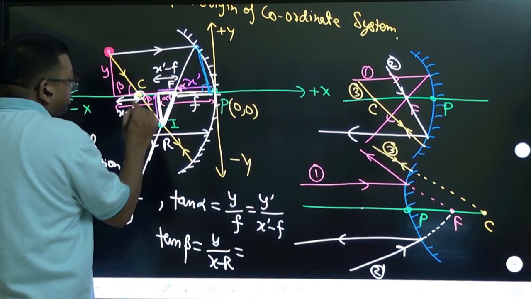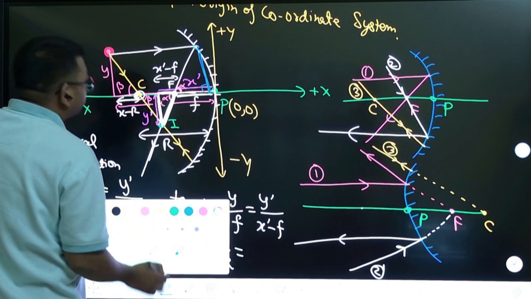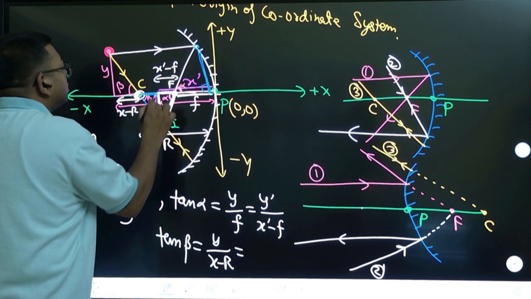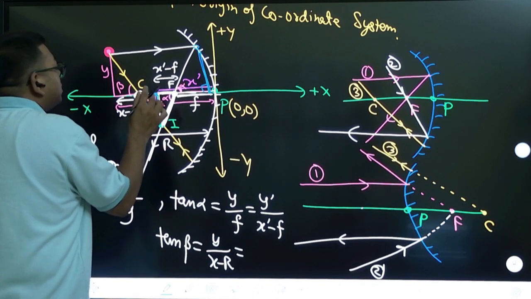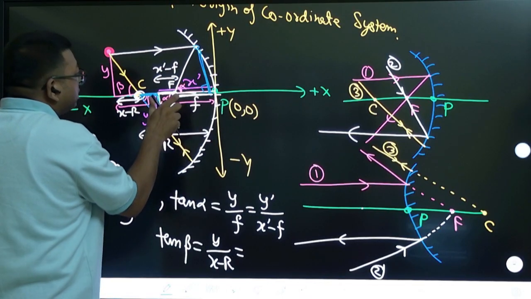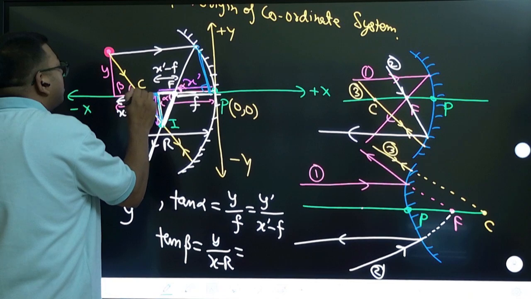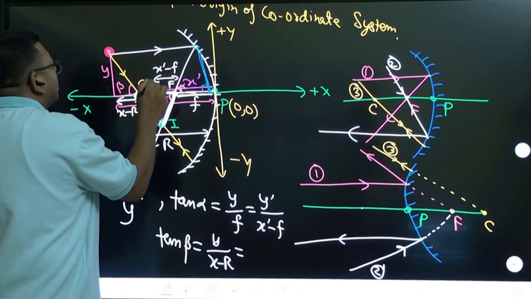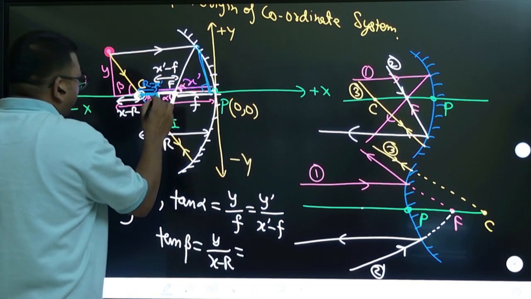And in this small triangle, this distance will be how much? Because this is r and this is x dash, this will become r minus x dash, and this is y dash.